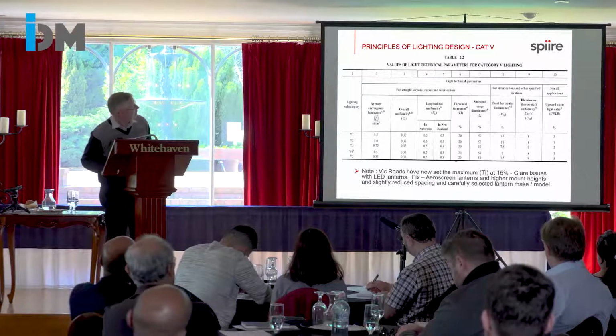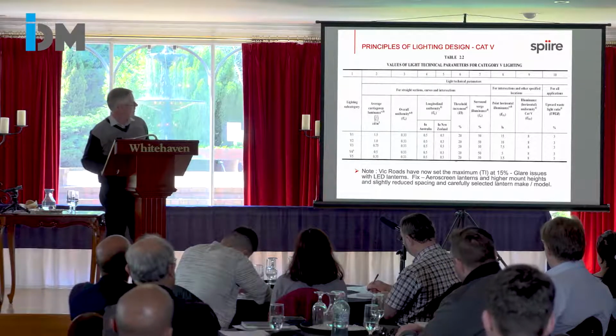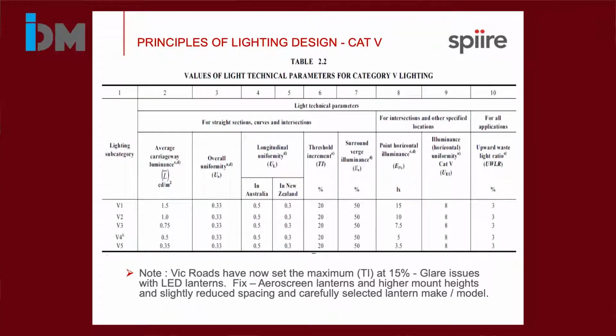This is an extract of the Australian standard relating to Category V. We've got our V3 and V5 stated here. The main one that we really get interested in is overall uniformity.